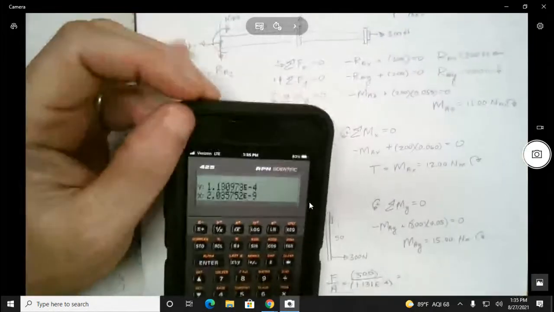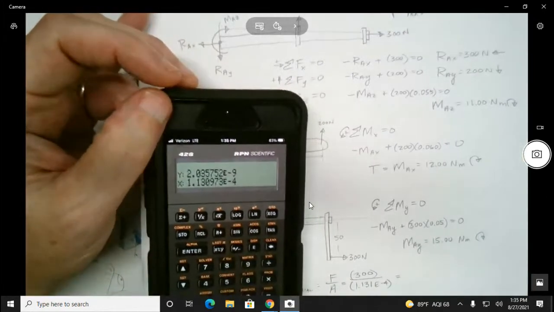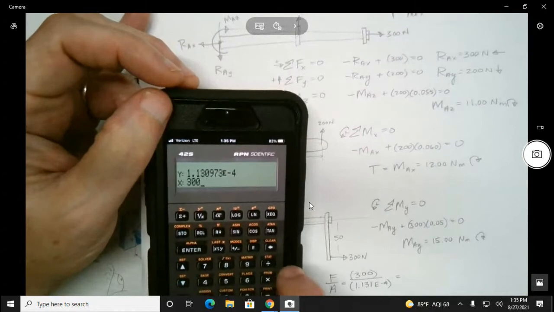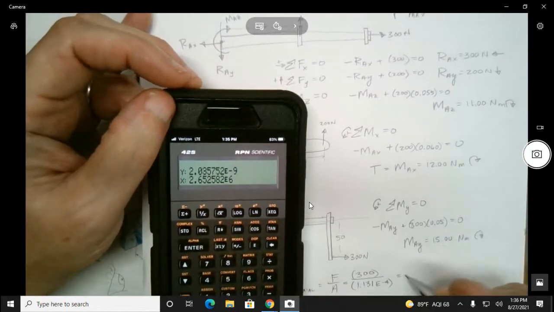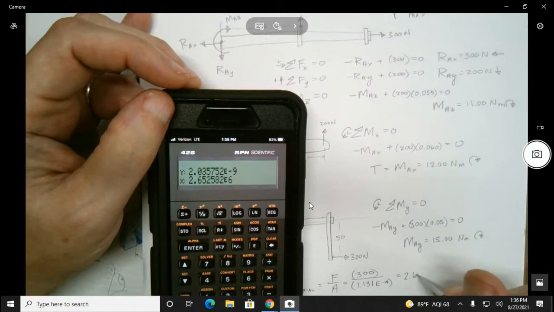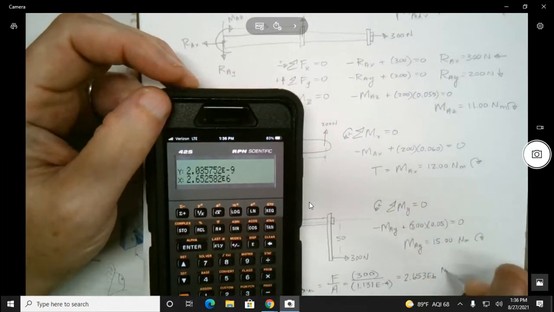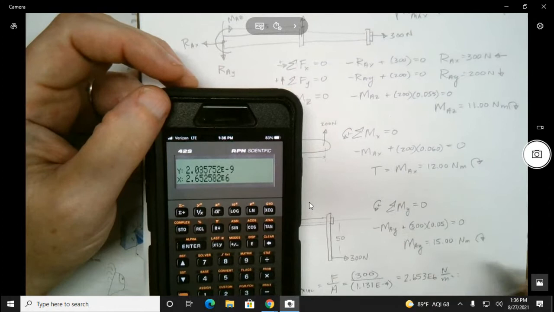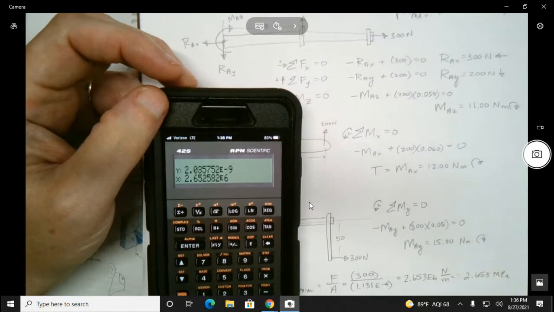And see, that's nice that it's in my stack still right there. I could do the little flipperoo thing here and take 300, and I cheat and I go divided, and then I hit 1 over because I'm really, really lazy. 2.653 E6, and oh, that's newtons per meter squared, I should point out, which means that's 2.653 megapascals.